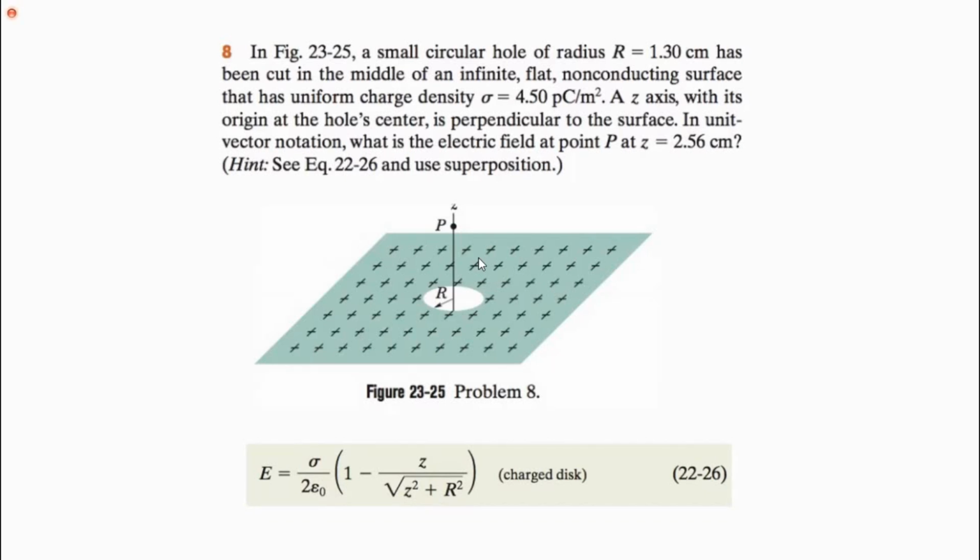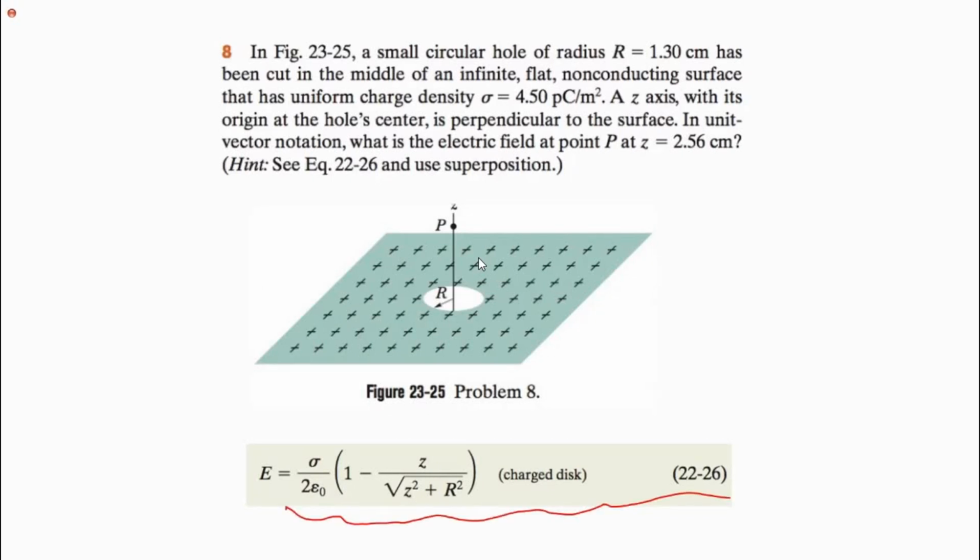In unit vector notation, what is the electrical field at the point P at a certain location z? They have already given a hint: see the equation, and use superposition. The equation has been listed here.